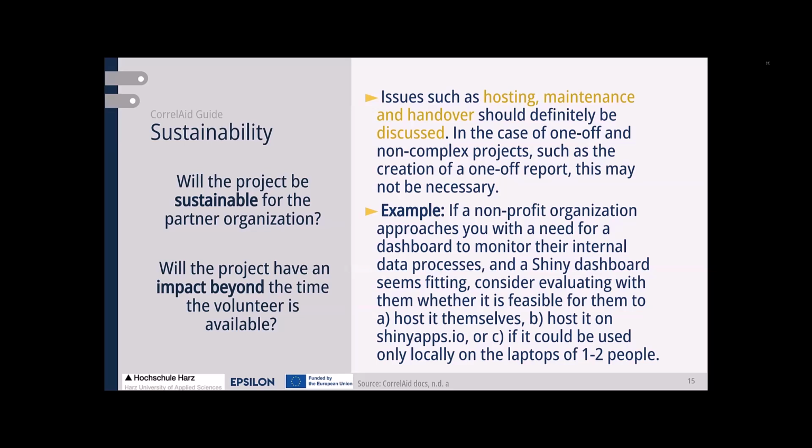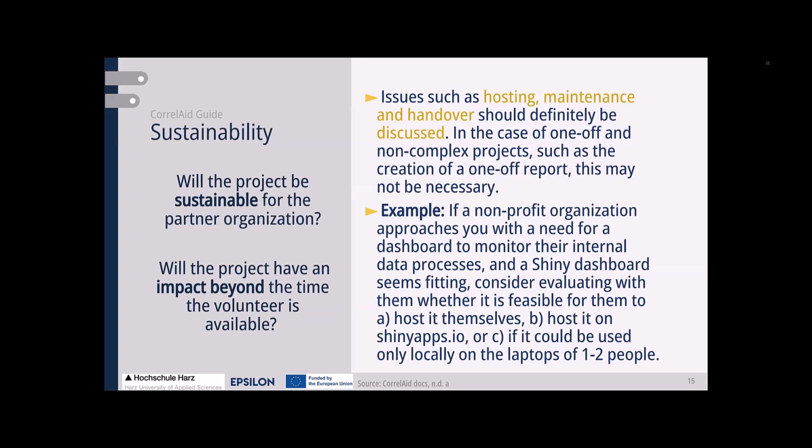Therefore, to provide an example, if you're a nonprofit organization and approach a data scientist, for instance, and you have a need for a dashboard to monitor internal processes, and the data scientist applies R Shiny to fit and evaluate existing data, you should ask yourself, are you able to host the data scientist?